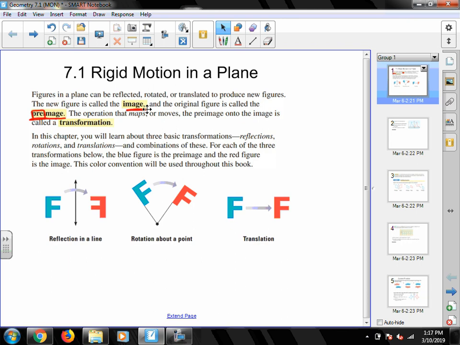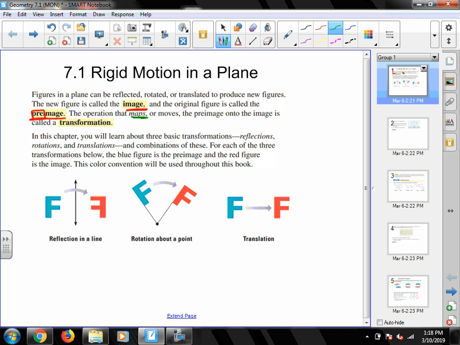One thing that you guys will need to be aware of, your book is going to talk about calling those reflections, rotations, or translations. They're going to say that it maps. All that really means is maps just means moves.